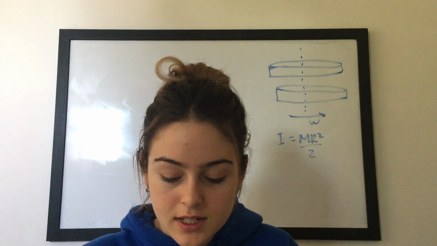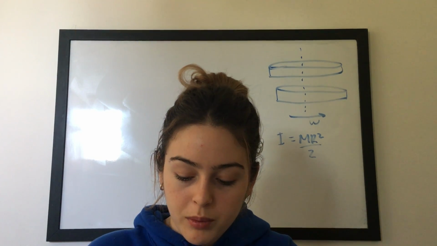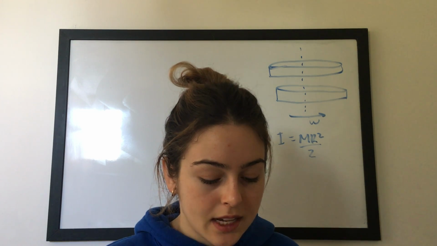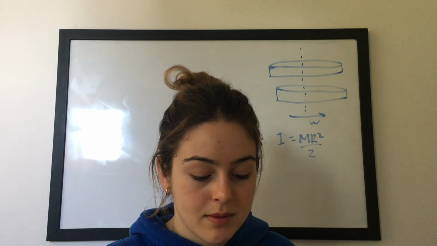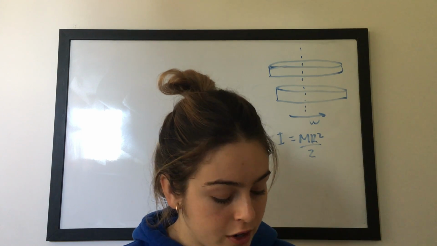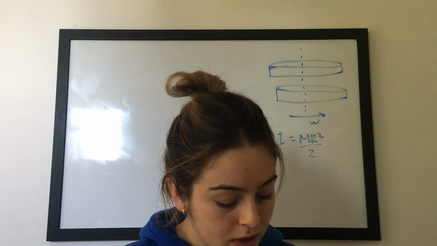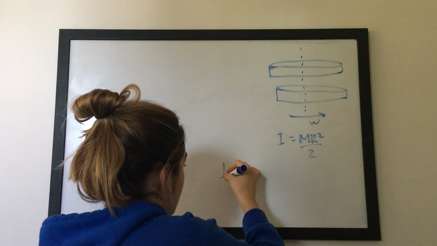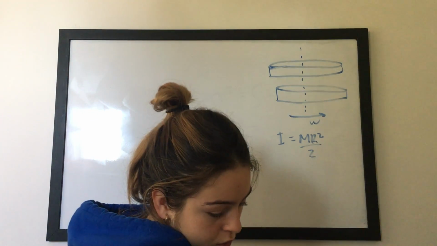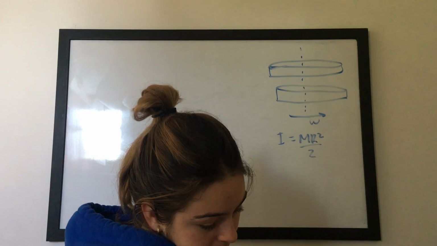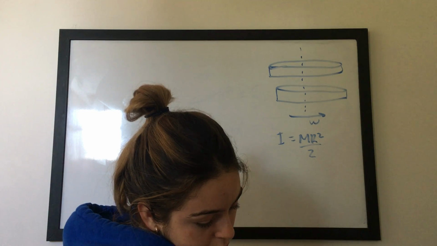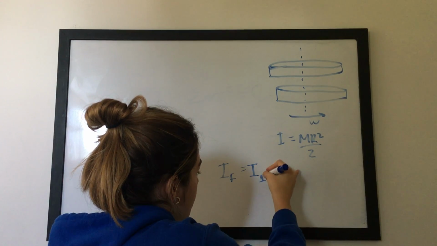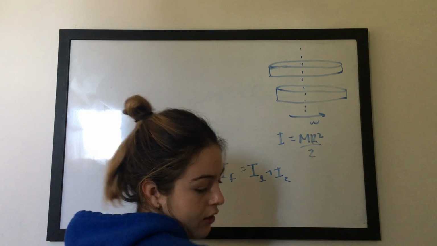So question number 17 asks, which of the following properties of the 2-disk system must be conserved between the time the second disk is dropped on the first disk and the time that the 2 disks begin rotating with the same speed? So we know that the final moment of inertia will be equal to the moment of inertia of both disks, so inertia of disk 1 plus inertia of disk 2.